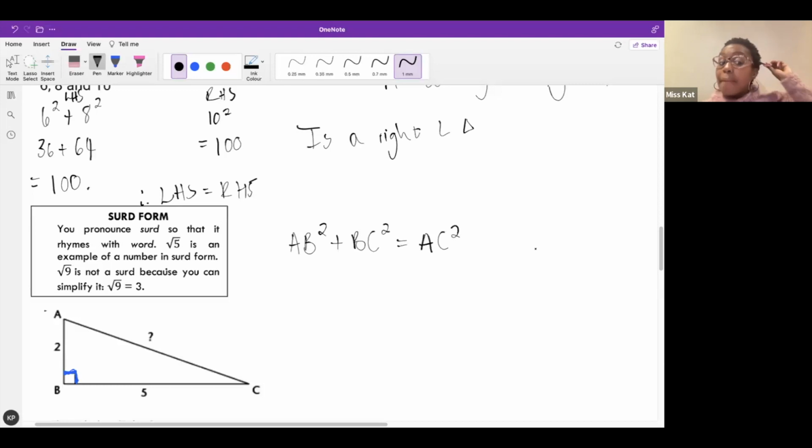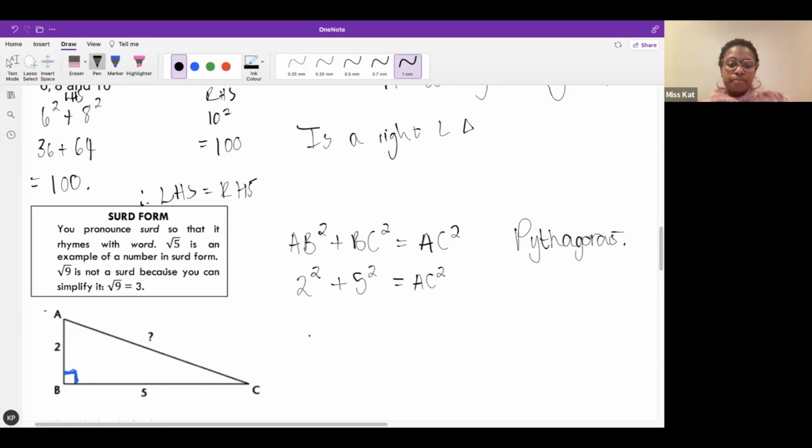Reason: Pythagoras theorem. Wonderful. Okay. And then we're going to substitute. So we're going to say 2 squared plus 5 squared equals AC squared.